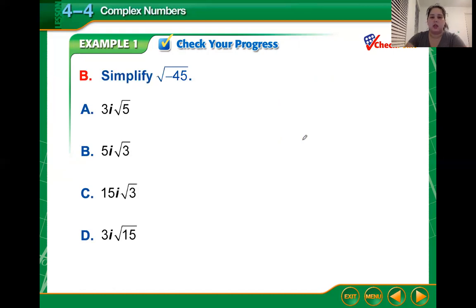All right, go ahead and try the square root of negative 45. All right, so we're going to break this up into the square root of negative 1, the square root of, I'm going to use positive 9 times 5.